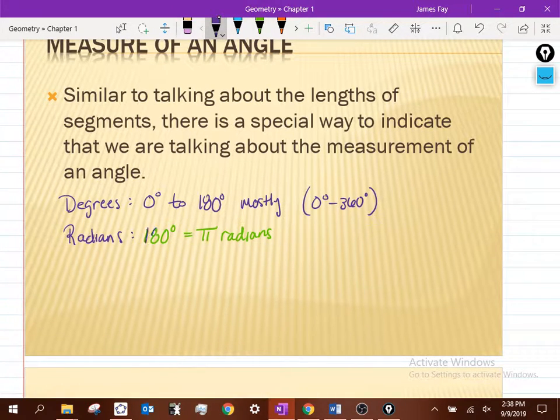So if you take 180 degrees divided by pi, I'm using my calculator, I don't know this number, it's like 57 something. 180 divided by pi is 57.29. So what that means is 1 radian is equal to about 57.2 or 57.3 degrees.